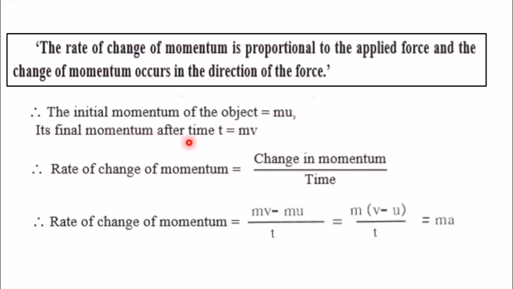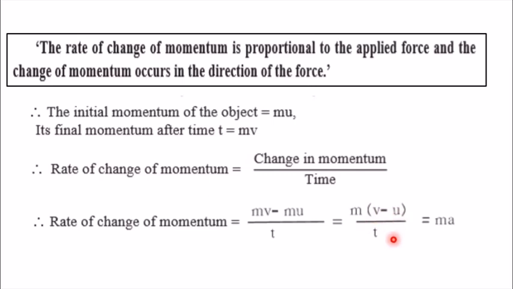Then the final momentum is m into v, that is mass into final velocity. Rate of change of momentum is equal to change in momentum upon time, whatever change in momentum occurred from initial to final. So the rate of change of momentum is equal to (mv minus mu) upon t. Here m we will take as common: m(v minus u) upon t.